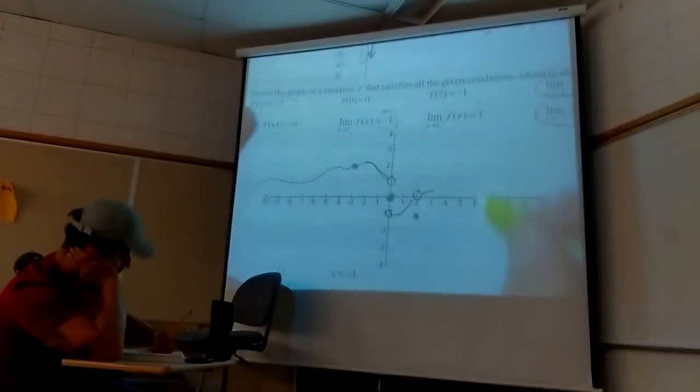And now the next weird place is 5. As you approach 5, does it say from which direction? From both directions, you're supposed to go to negative infinity. So what's going to be at 5? Well, asymptotes. And then you just got to go to negative infinity. So that is one possible answer.